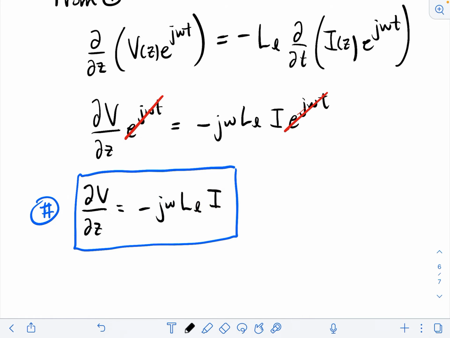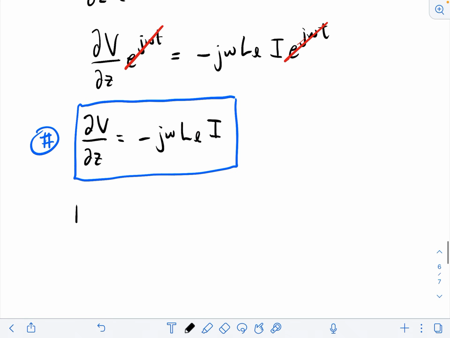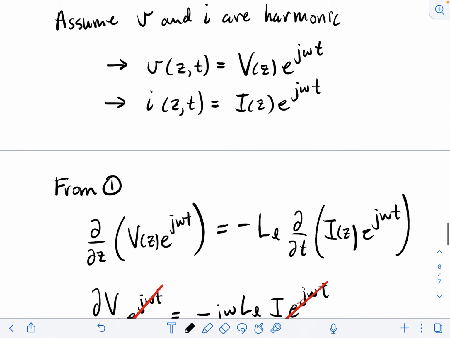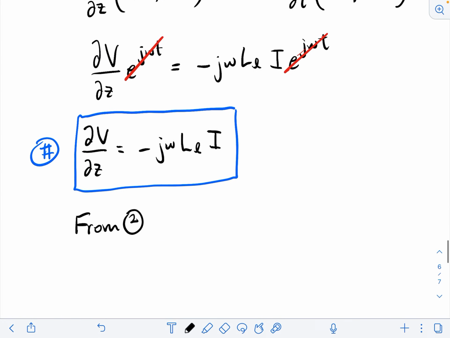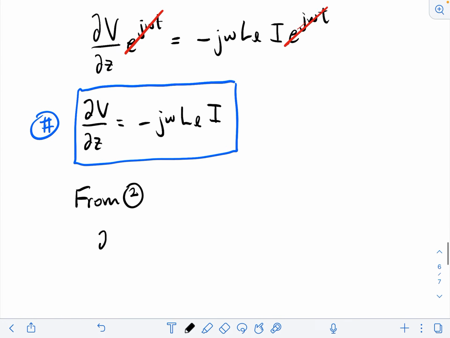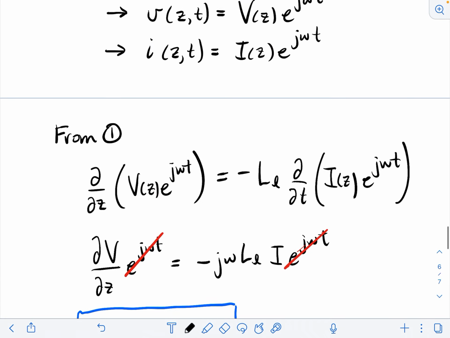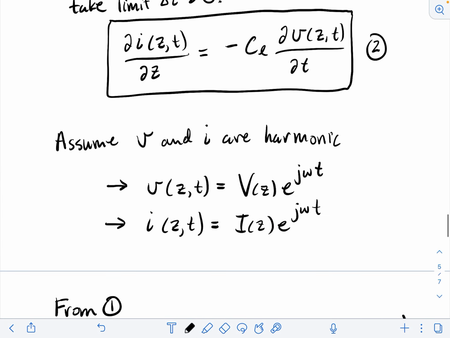So from equation 2, you can imagine that the exact same thing is going to happen. We're going to have a di dz, which we can't do anything with except separate out the e to the j omega t. So we'll end up with a di dz e to the j omega t is equal to, and on the right hand side we have minus the capacitance per unit length and then a time derivative of the voltage.